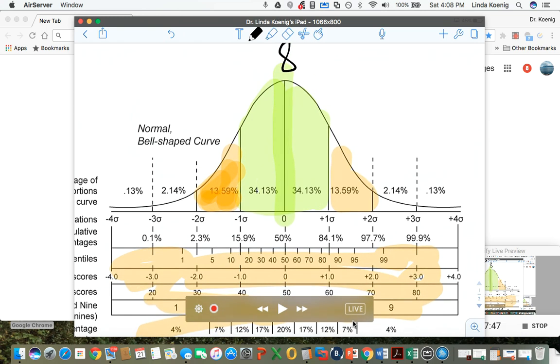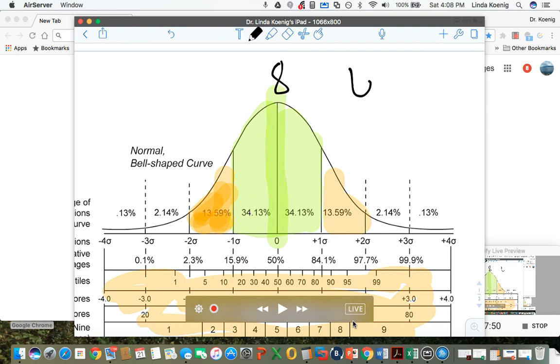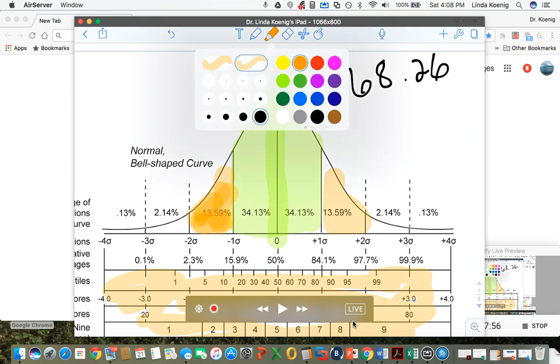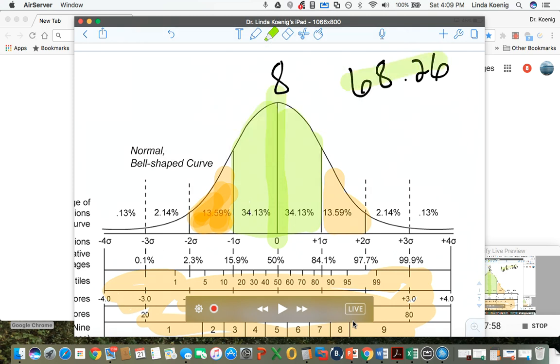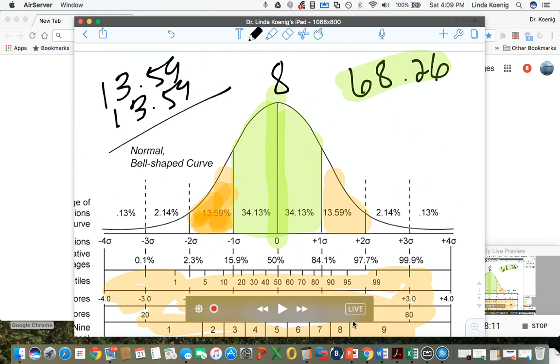Then we've got our 68.26, right? That is the green. And then we've got 13.59 plus 13.59. 2 times 9 is 18, right? 5, 10, 11, 6, 7, 27.81.